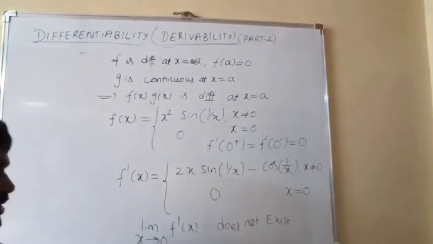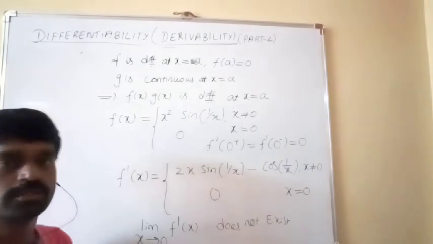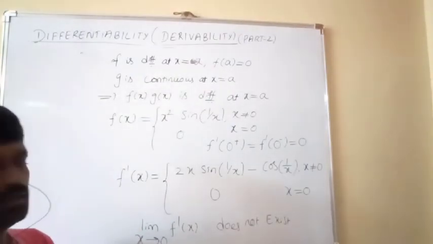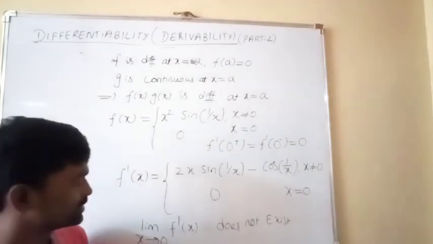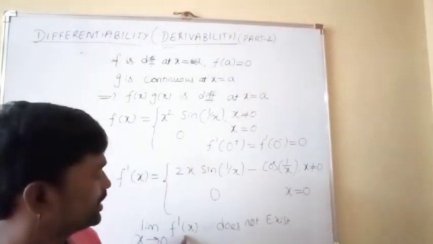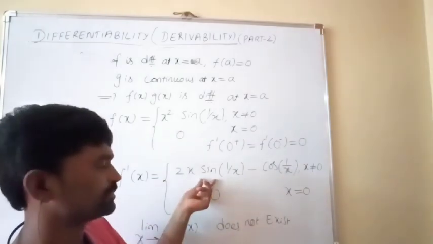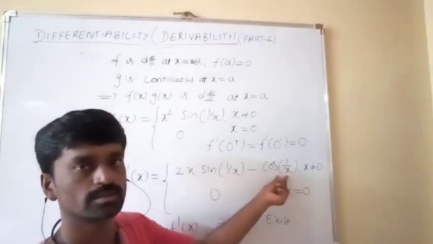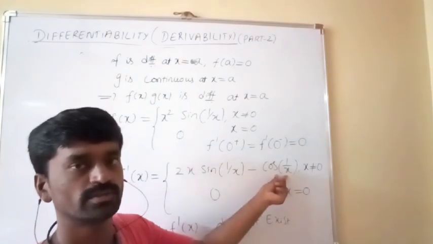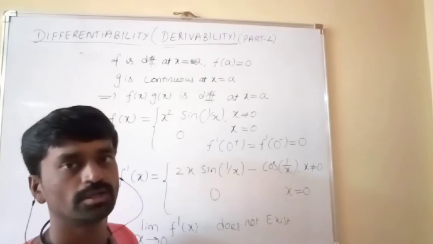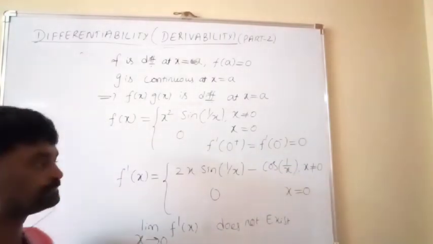So the function f dash x is not continuous at 0, but f is continuous at 0. Why does the limit of f dash x not exist? The first part has a limit, but in this part the limit does not exist, because when x tends to 0, cos 1 by x is oscillating between minus 1 and 1. So it is an oscillatory type discontinuity.